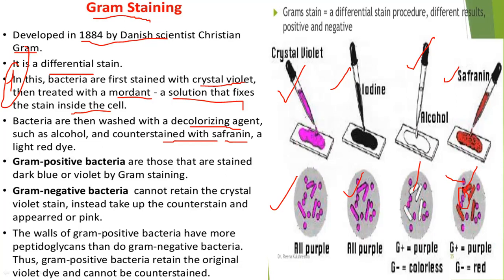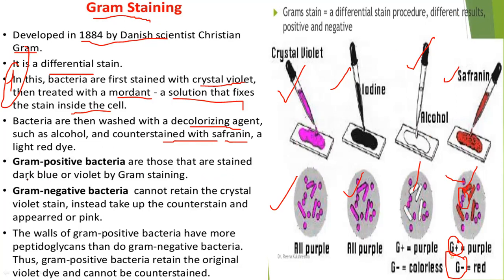The bacteria which did not get the safranin color are called gram-positive, because they got the purple color and did not lose it during decolorization with alcohol. But the red ones are gram-negative, because they were decolorized with alcohol and then took the safranin stain. What does it mean?